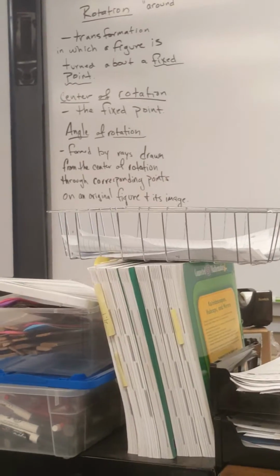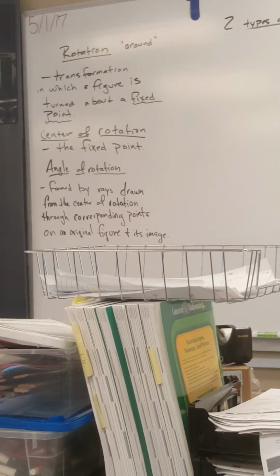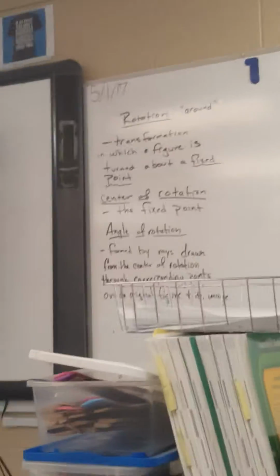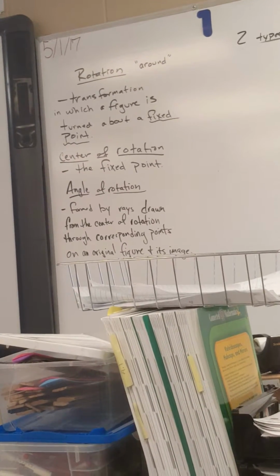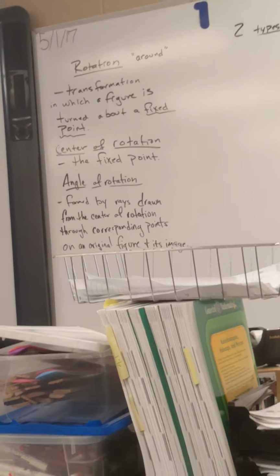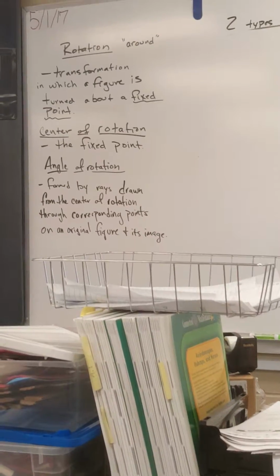All right, so the last week or two we talked about transformation, correct? Cool. The first transformation we talked about was what? Translation. What was the key word with translation? Slide. So what does it mean for us to translate an original figure to a new figure?